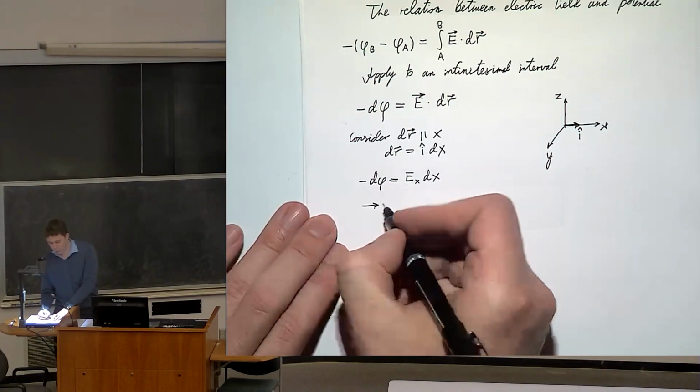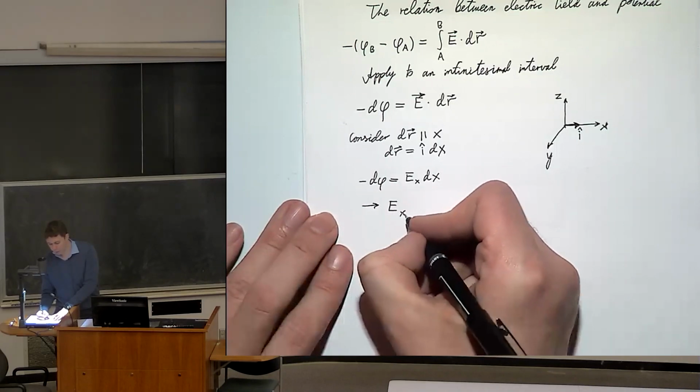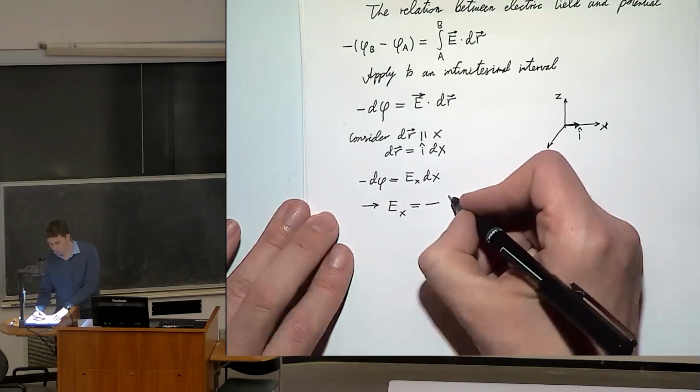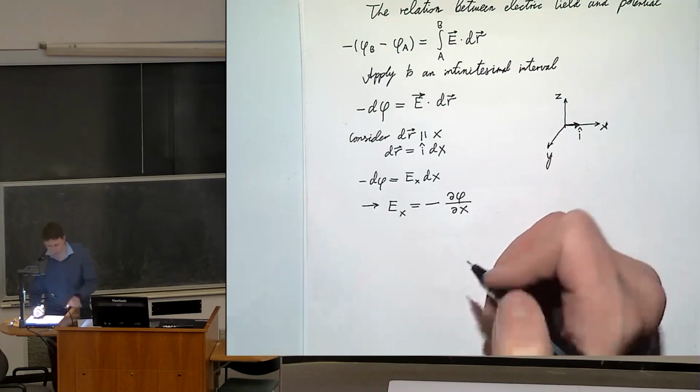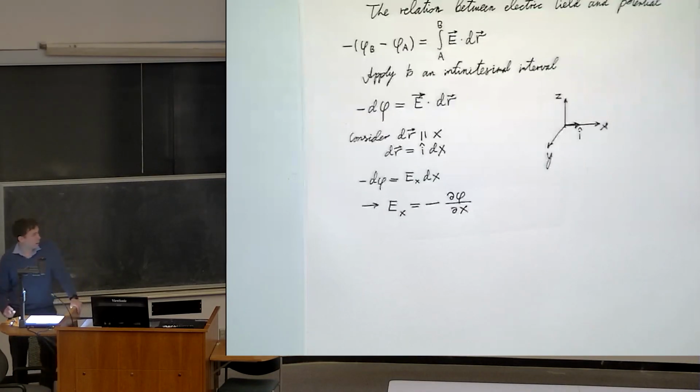And from here we can say that the electric field Ex equals minus the partial derivative of phi with respect to x.